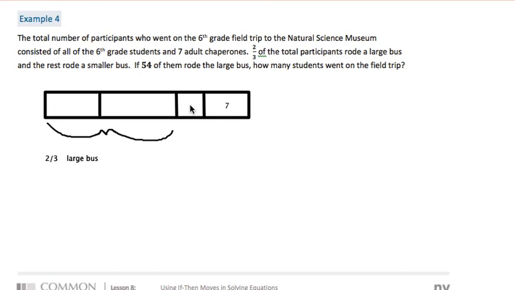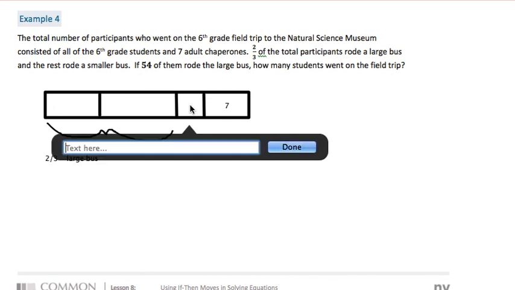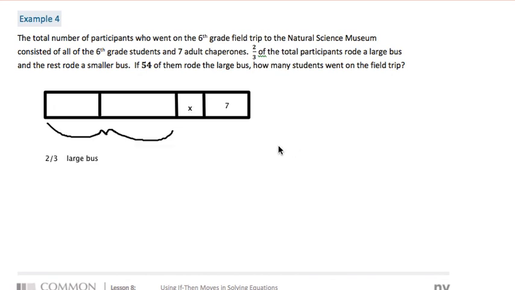And what we really don't know is this piece here. So we'll name that X. Now what we know then is that this section, X plus 7, equals 1/3 of the total.